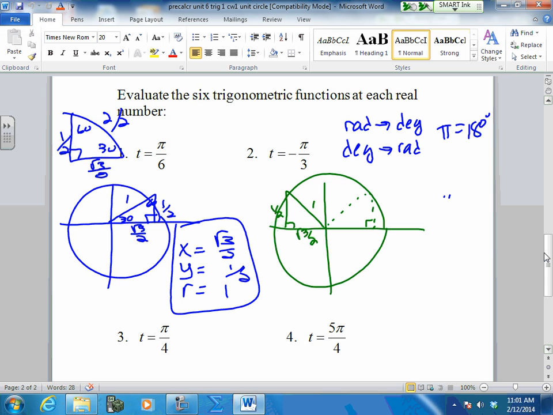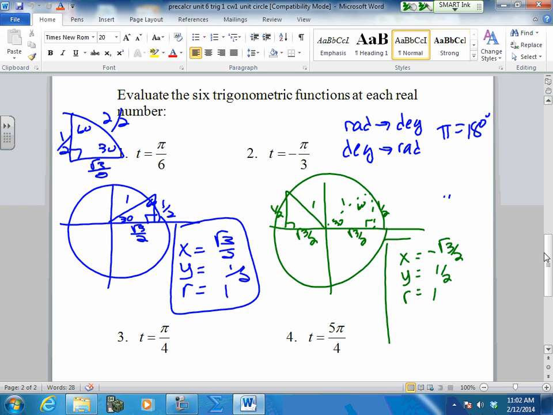I just took the triangle and reflected it. There was my 30, my 60. Now watch. X, Y, R. What's X? In quadrant 2, is X positive or negative? Negative. Is Y positive or negative? Positive. My radius, always positive.